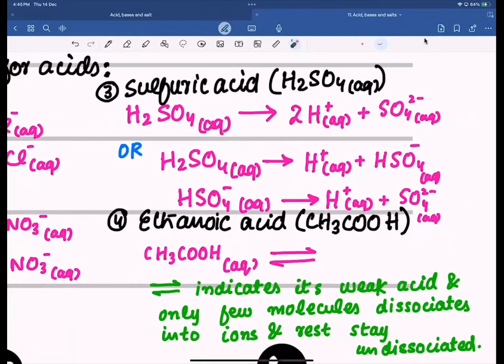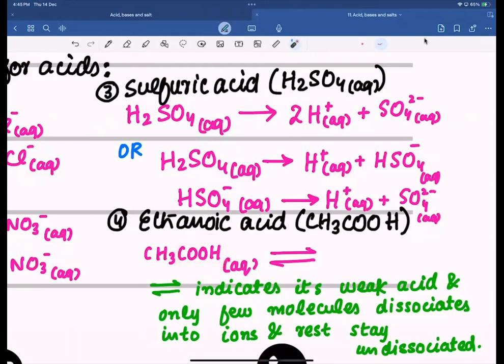So in this case, you must remember this thing, COOH. Whenever you find this part in any compound, remember only the hydrogen present in this part is going to form an ion, and the rest of the hydrogens stay there as they were.